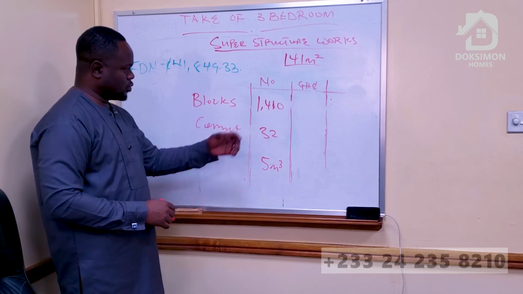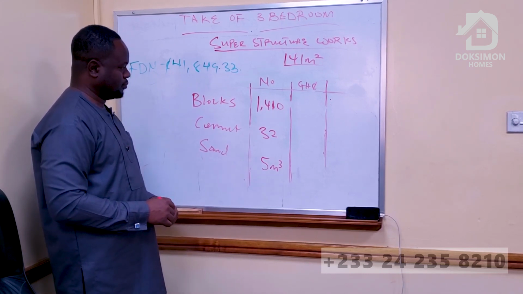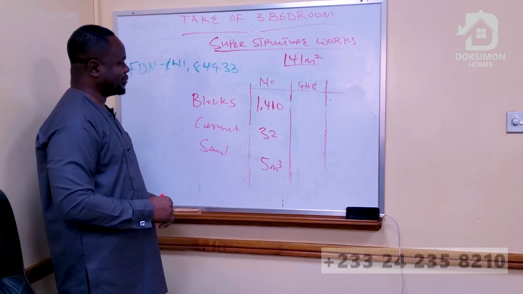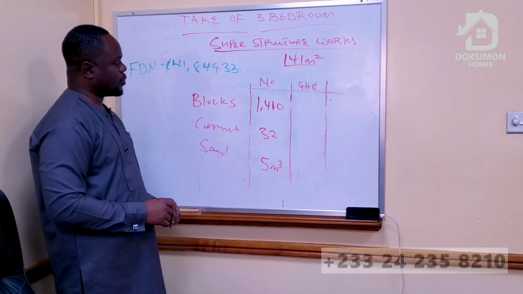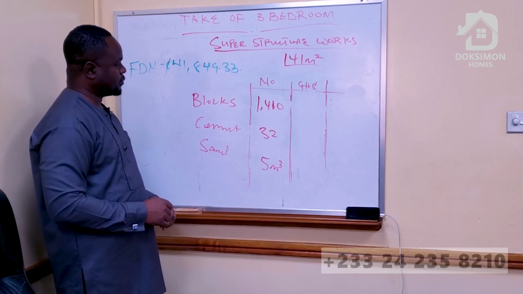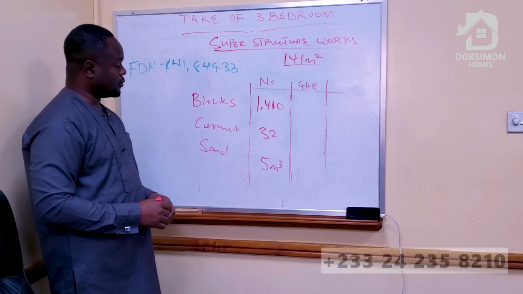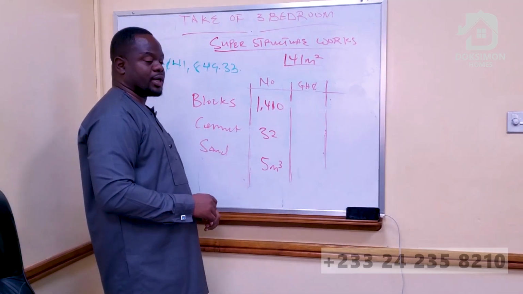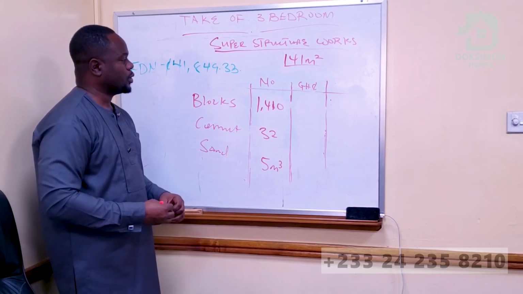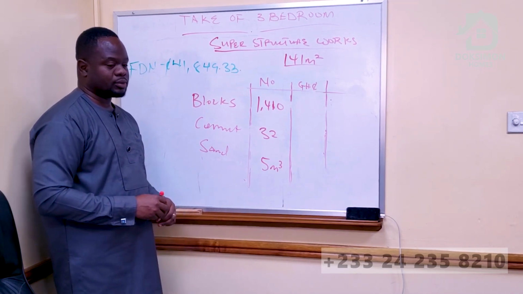The number of blocks we need is 1,410. With the 32 bags, we should be able to lay a course in stretcher bond. The sand mix gives us the mortar. So we need 5 meter cube. Earlier on, we explained that the trucks come in meter cubes.